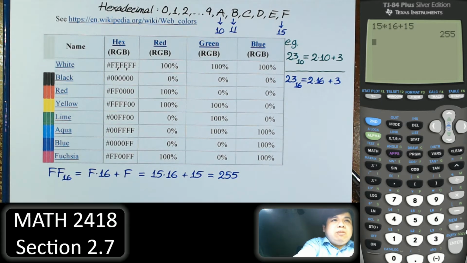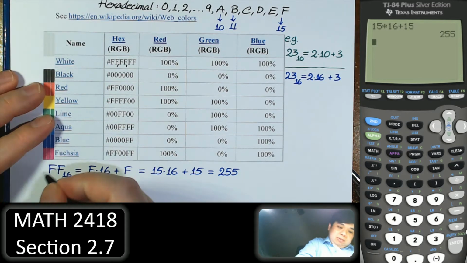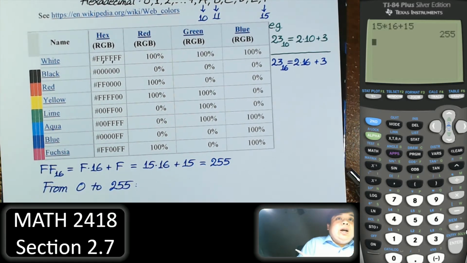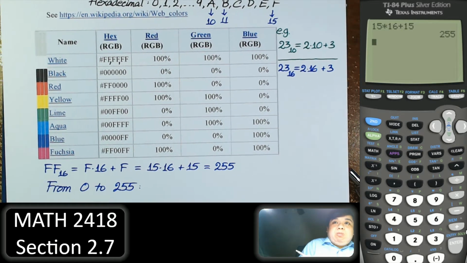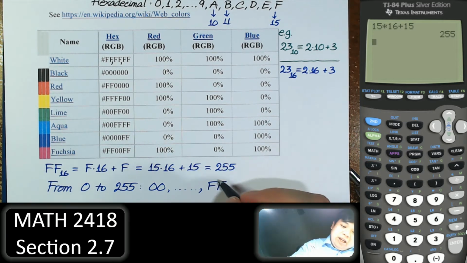Does that number sound familiar? Now, if you consider the values from 0 to 255, we can write that in the hexadecimal system as 00 to FF.